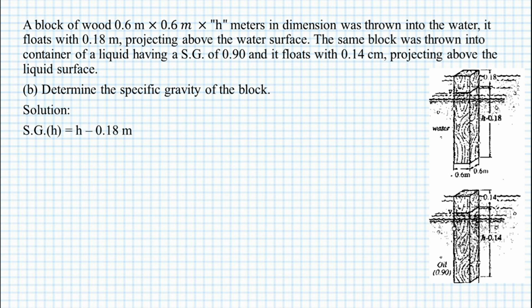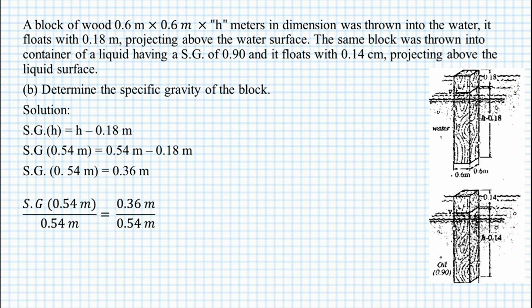We use the formula specific gravity multiplied by height equals h minus 0.18 meter. Plug in the value of the height, which is 0.54 meters. We have Sg times 0.54 meter equals 0.54 meter minus 0.18 meter.